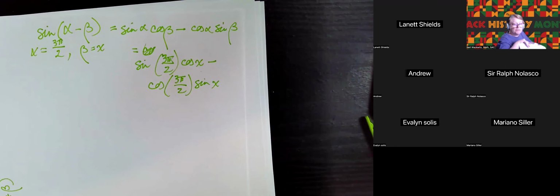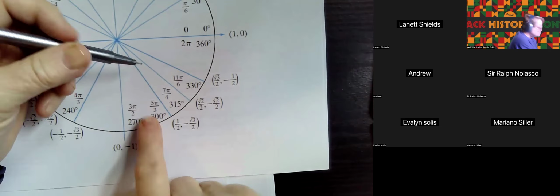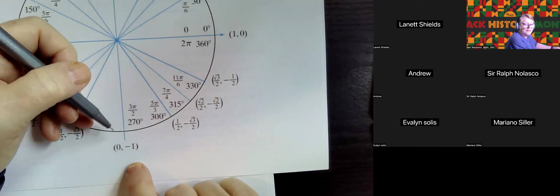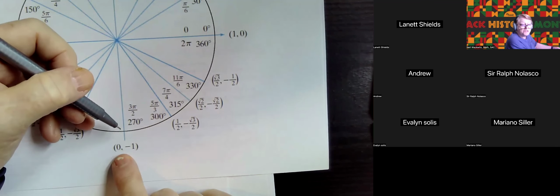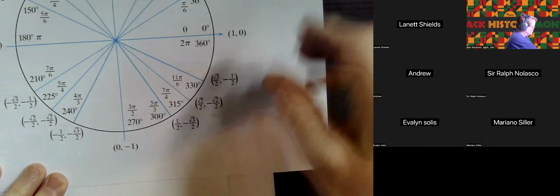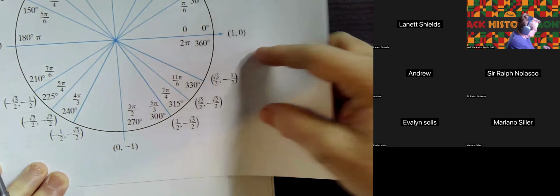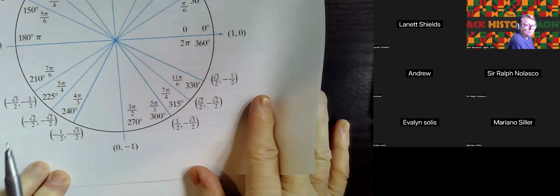And where is 3 pi over 2? Good. On the very bottom. So, yes, very good. So the coordinates of 3 pi over 2 on the unit circle are 0, -1. Which one goes with sine and which one goes with cosine?